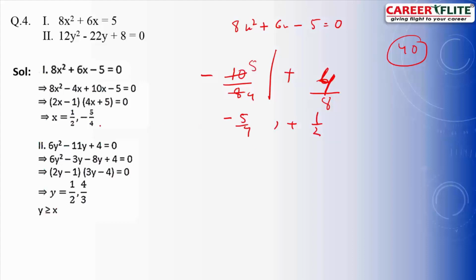For this, 6y square minus 11y plus 4 equal to 0. So first see the sign. This sign will always change. This first sign will always change: if it is minus, it will always change to plus. Remember, the first sign convention will always change.